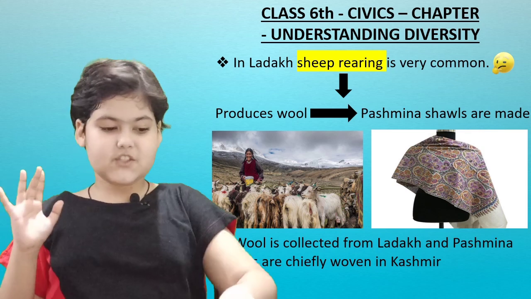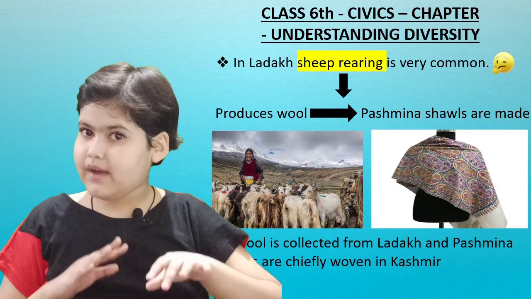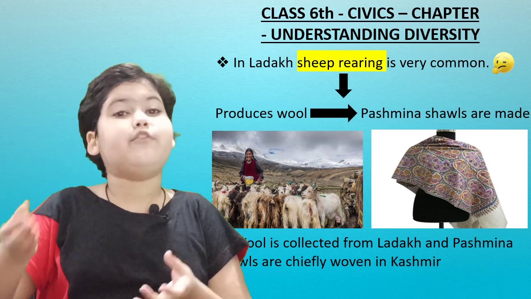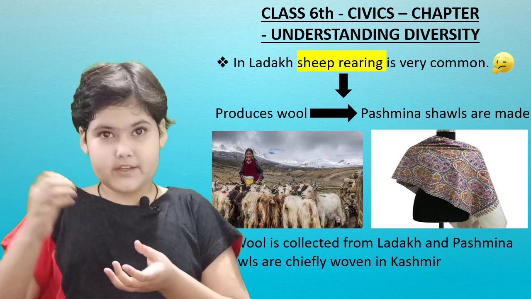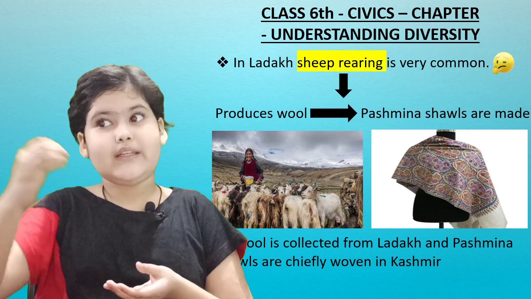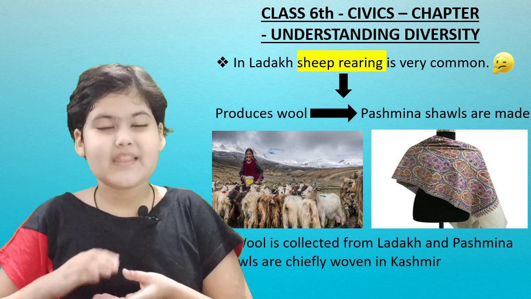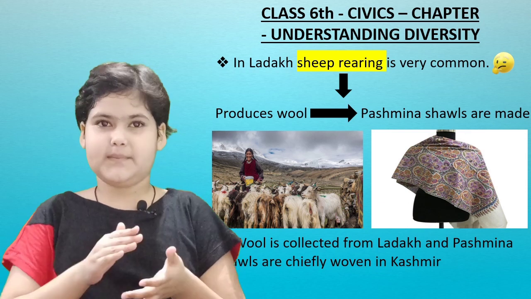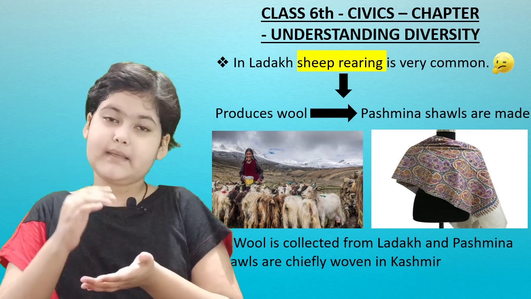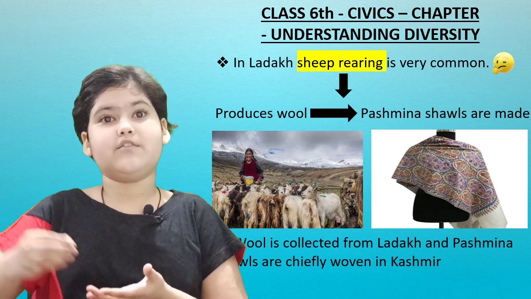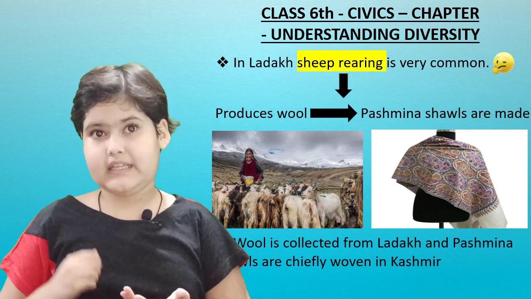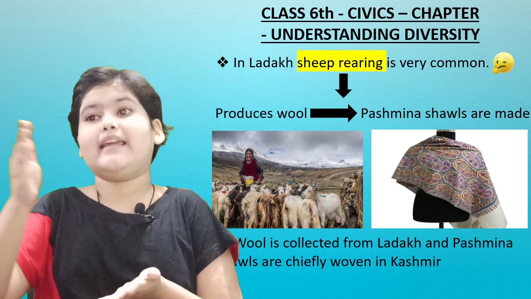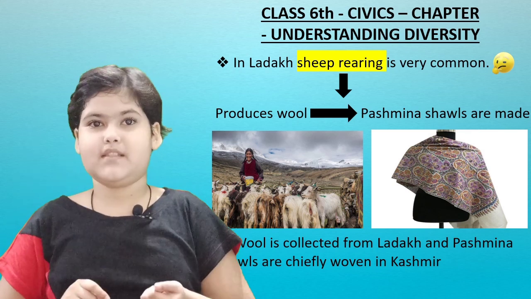Okay, so I hope you understood this also, how they get the money for their eating purpose, because when they have money, then only they'll be able to buy something, na? And friends, now when they sell that wool to the people of Kashmir, they get only that much money that they can use for their eating purpose.